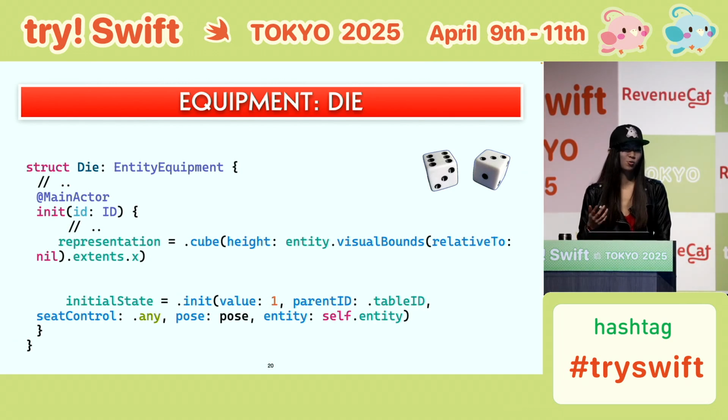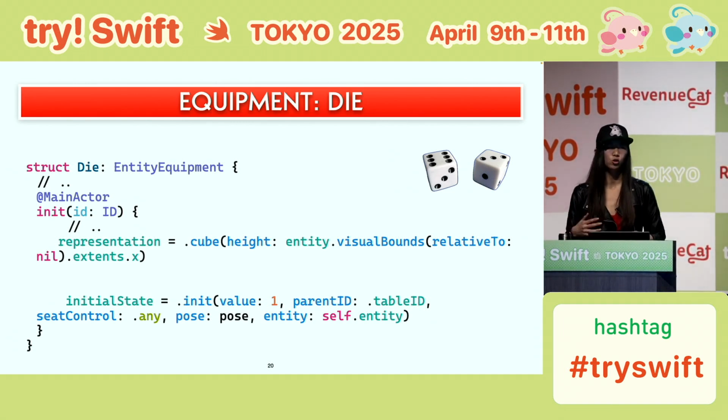When we define it, we are saying the representation of the die is that it's a cube, and its entity is the visual bounds, meaning the size of what that object is. And then we give it its initial state, which is 1, because that's whichever face is up. Where is it placed? On the table. Again, seat control, who can interact with this, and then defining pose and entity.